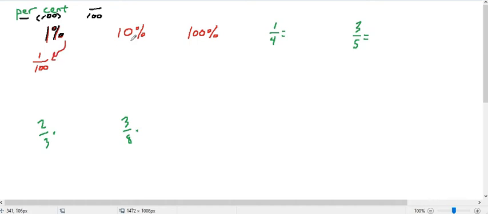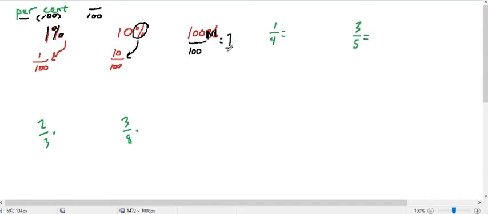10%. 10 per 100. So in a way, we replace this percent sign with the denominator 100. So you just write your 100 underneath these. Now this one's an interesting one, right? 100 per 100 reduced is 1.